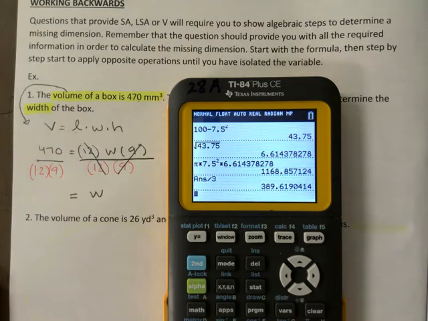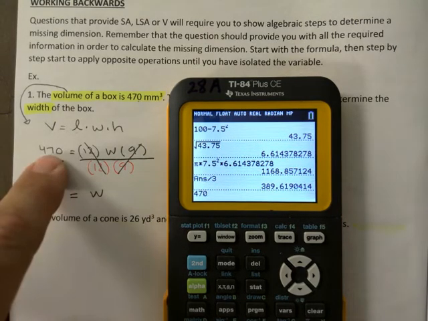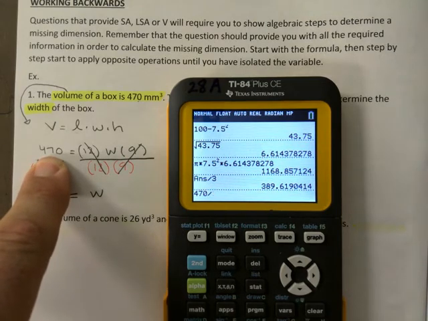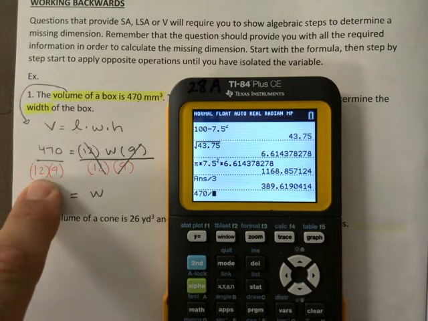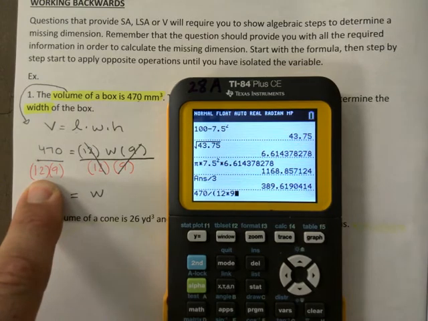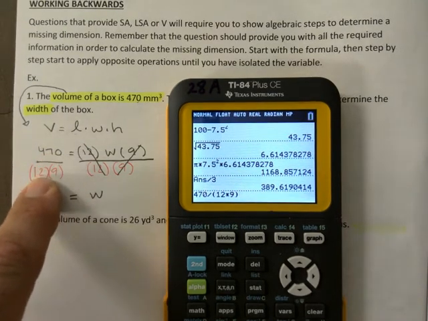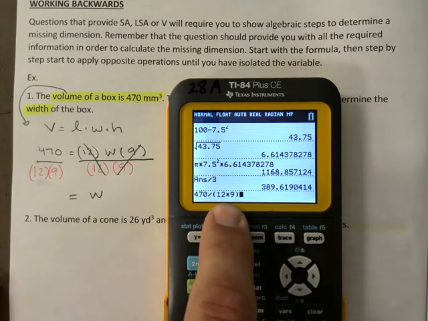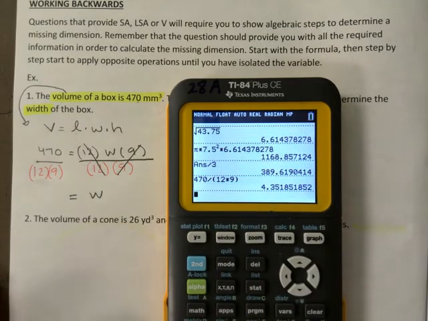Does that make sense? So I'm going to do this. Watch my calculator carefully. 470 divided by brackets, guys. I'm going to go bracket 12 times 9, like that. So I'm saying 470 divided by whatever is happening in the denominator. So you need to do it like this to get the right answer. Does that make sense? So that's 4.35.